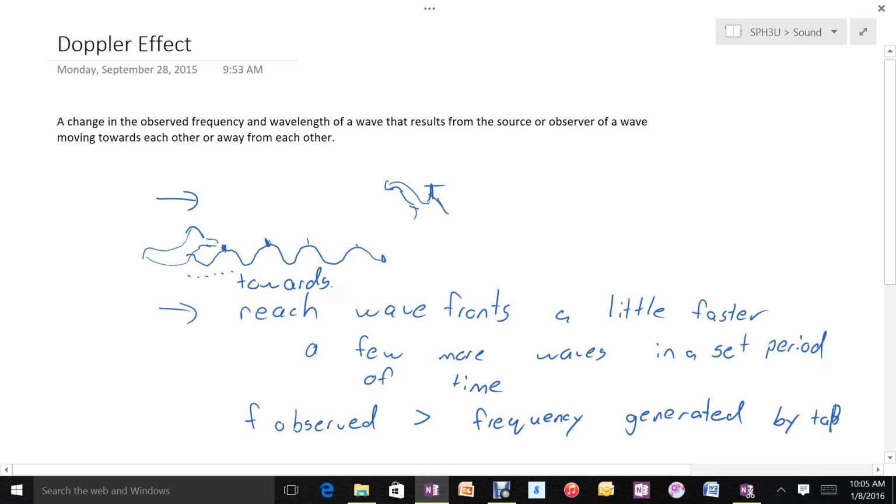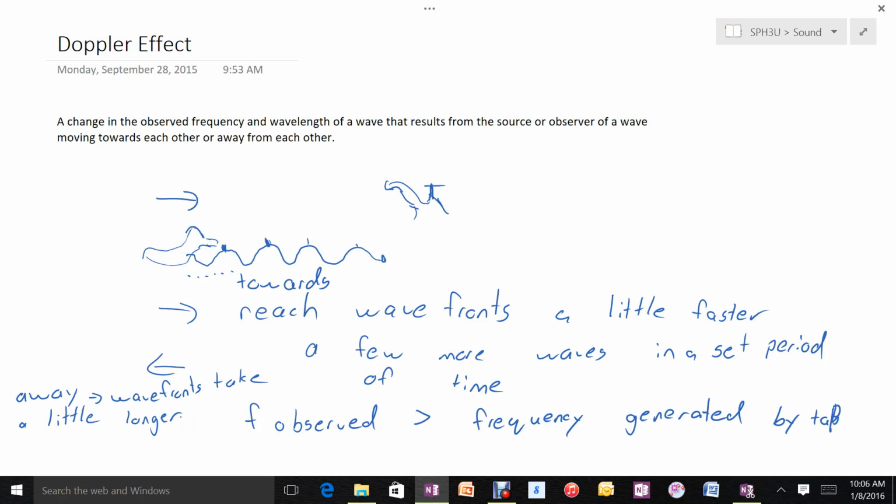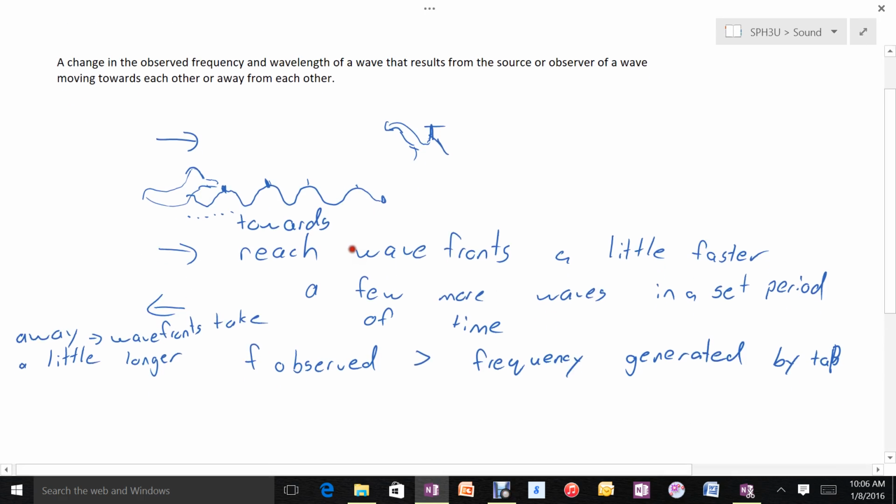We can make the same argument if the duck is moving away. Let's say that he goes this way instead. If he does, then it'll take those wave fronts a tiny bit longer to reach them than they otherwise would have. This means that the duck will experience a wave front a little less frequently than we would have expected based on how the wave fronts are being generated.